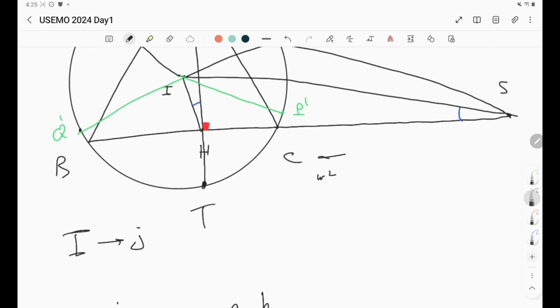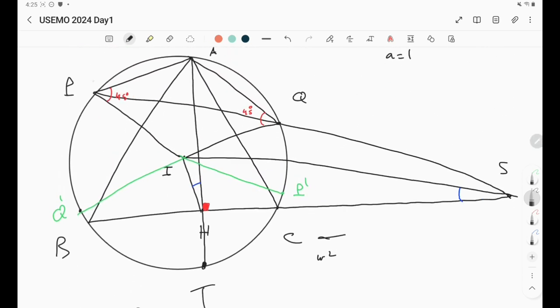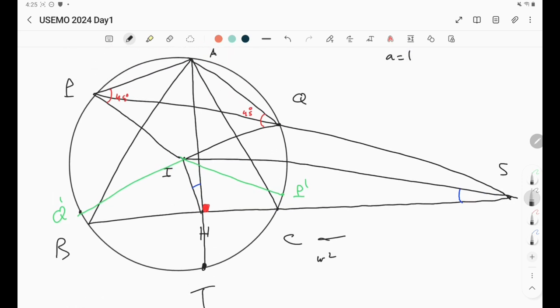Now we're just going to use the three points collinearity on a chord. So we know that J lies on this chord P P prime, so let's just use that.